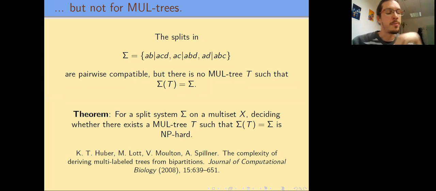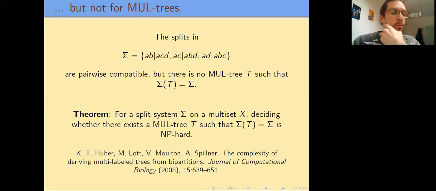And bad news, it has been shown in 2008 that if you have a split system on a multiset X, it is NP-hard to decide whether there is a MUL-tree displaying that split system. But we can still do things.